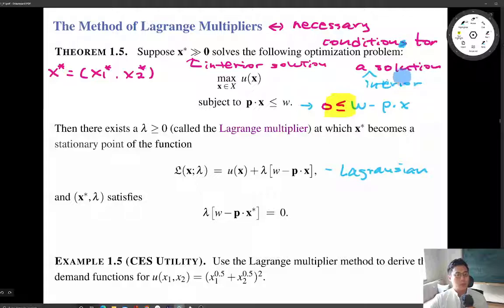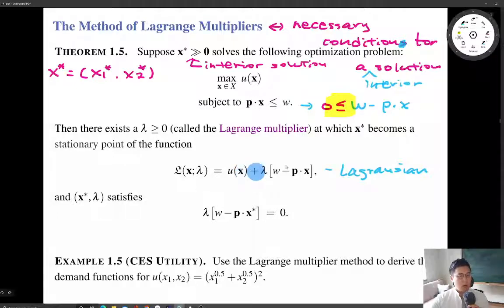Something is larger than or equal to 0. So we move this p dot x to the right hand side, rather than moving w to the left hand side. We take this expression and put it in the Lagrangian like this. That's the standard way of setting up the Lagrangian in case of optimization.